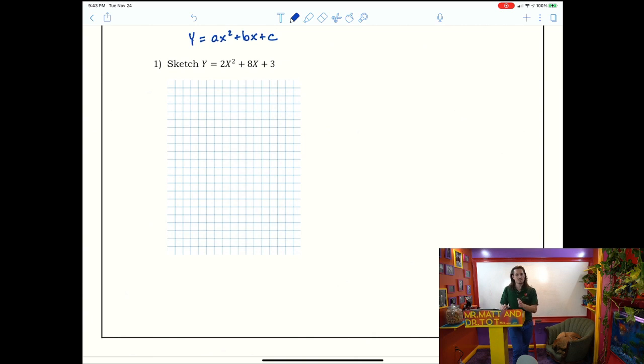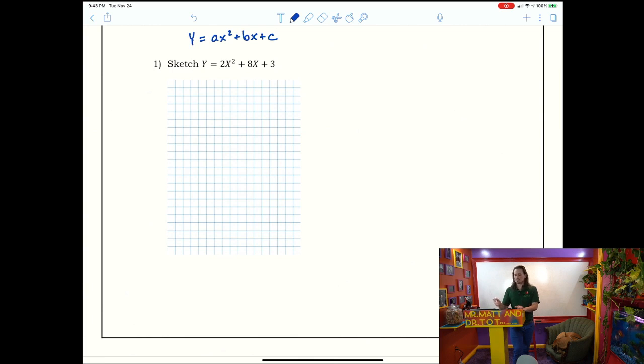That axis of symmetry occurs at the x-coordinate of the vertex. So you find the absolute minimum if the parabola is facing upward, or the absolute maximum, which is the vertex, if the parabola is facing downward. And then you can pick 2 points from there to establish the general trend of how fast or how slow it's increasing vertically.